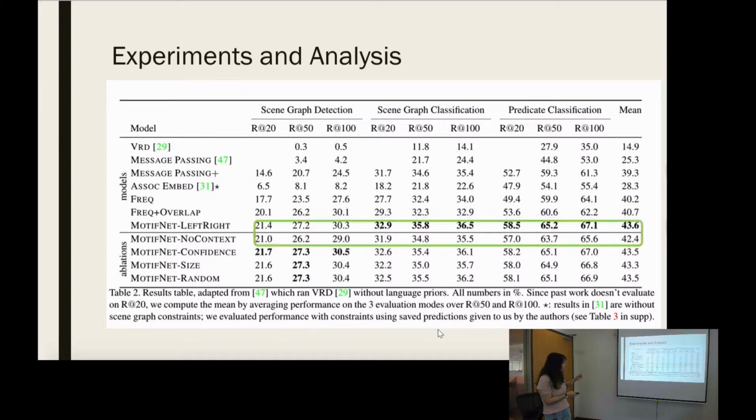Then let's compare the non-context and the motif left-right. The left-right is just the whole model. The whole model takes the global context into the motif network. So this also improves. This left-to-right gets the best result. That means the global context is very important.